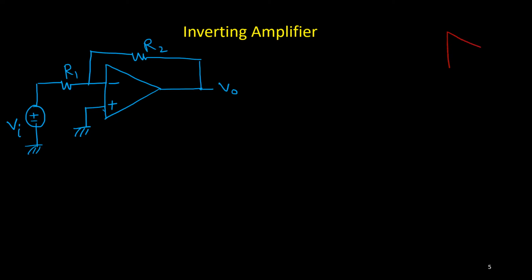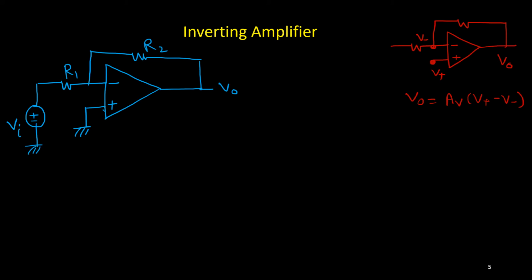One more thing I want to discuss is that whenever you have negative feedback, I told you that these two potentials, this is your V minus, this is your V plus, should be the same, okay? Because we are assuming that V naught is finite with the help of this negative feedback. V naught is AV times V plus minus V minus.